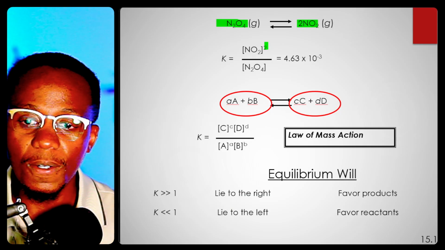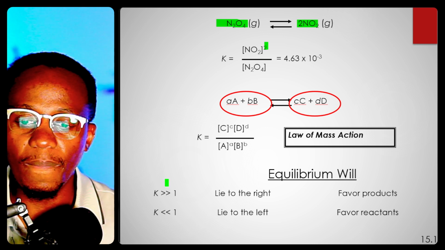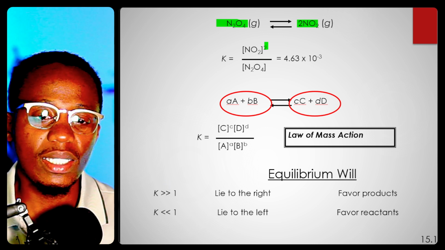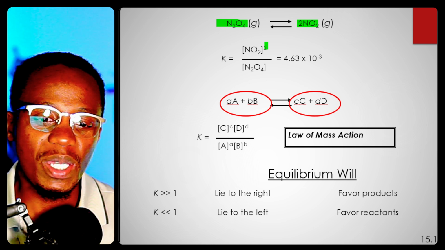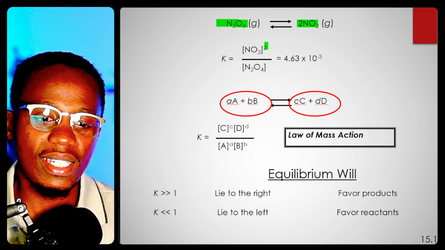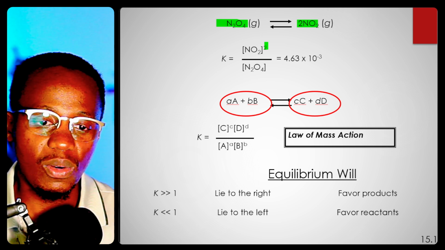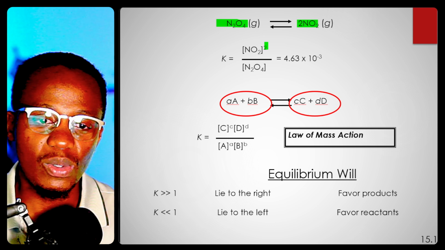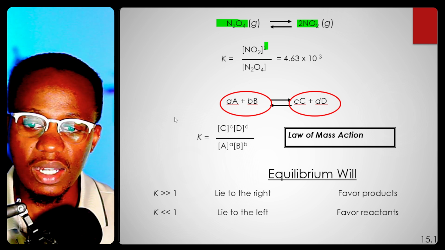Okay, so another thing to keep in mind, and this is important. After you found the equilibrium constant, and I hinted at it earlier, you should be able to tell me what it means for your equation. What do I mean by that?